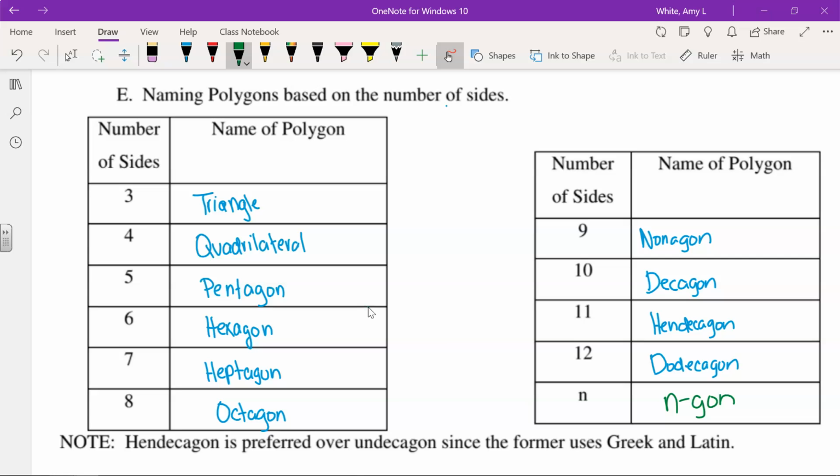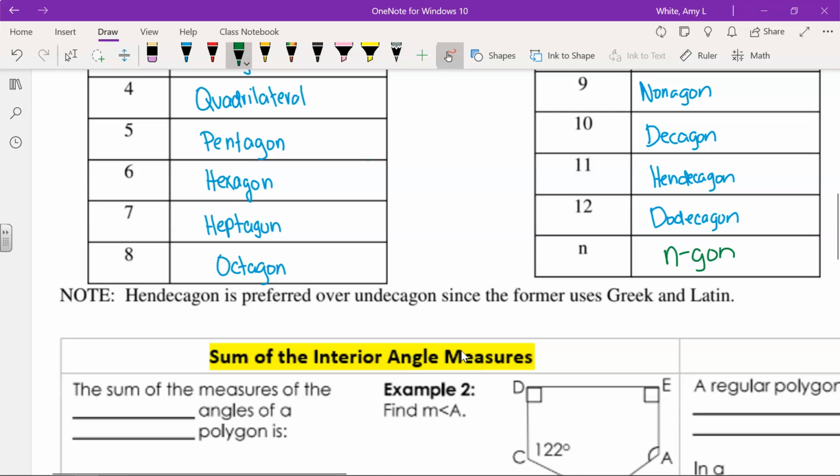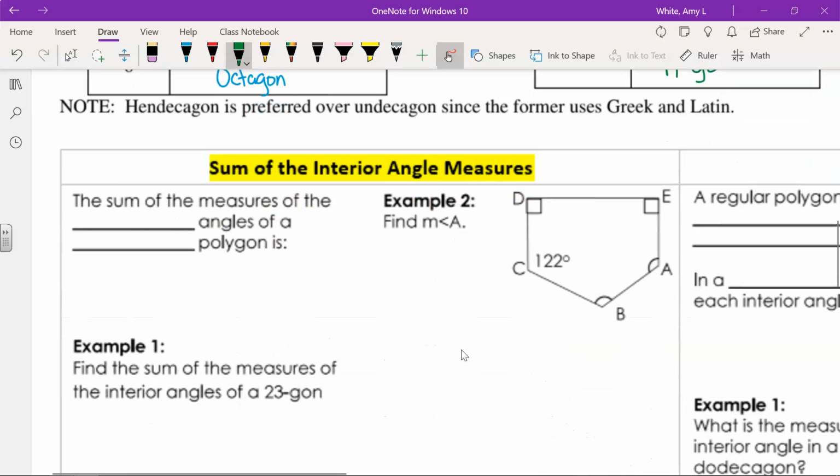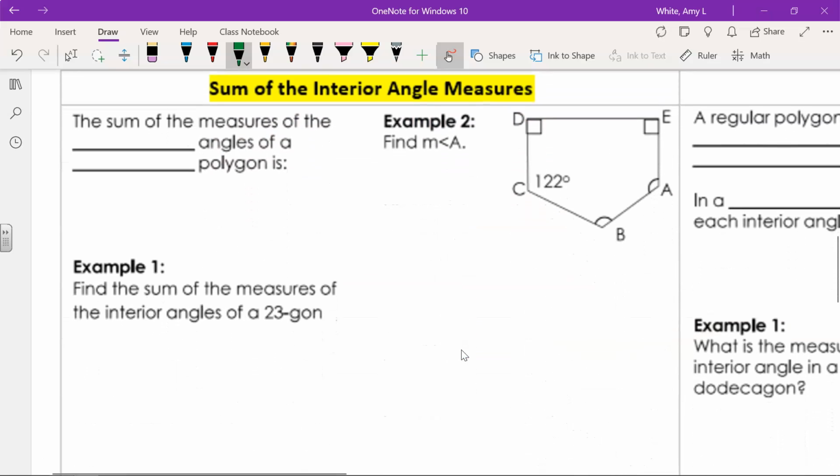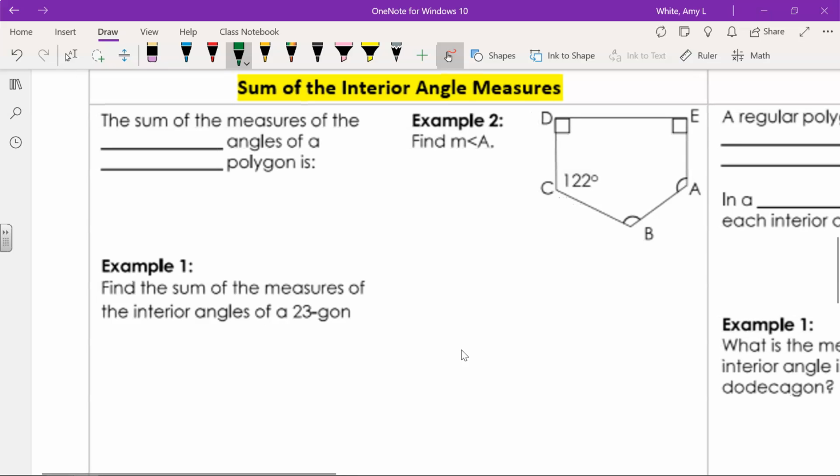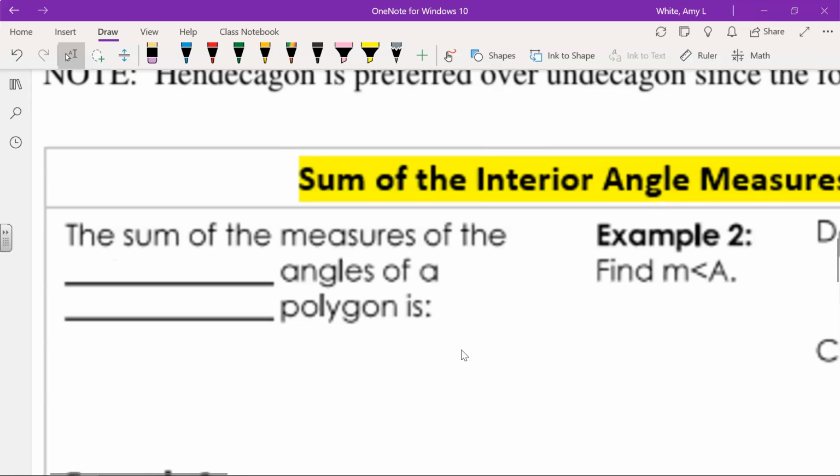Now, we do have 2 important formulas when we are talking about interior angles, and they are directly related to each other. So if we're going to start over here, where we're talking about the sum of the interior angles of a polygon, we're talking about only the angles on the inside.